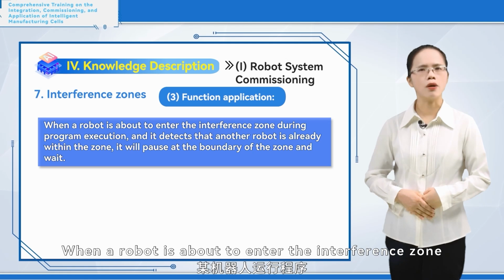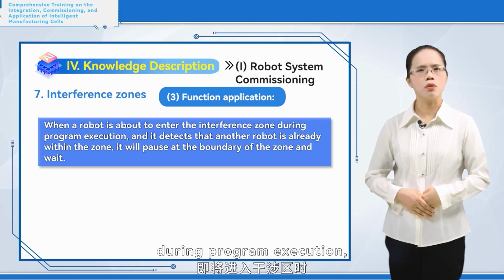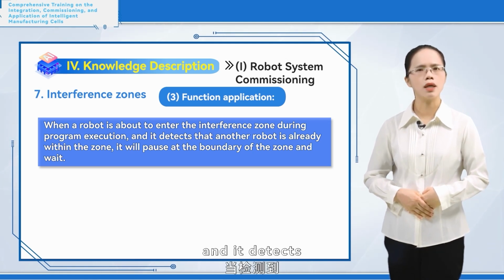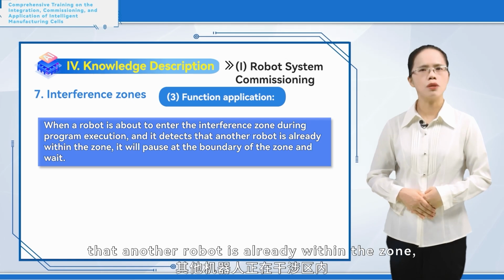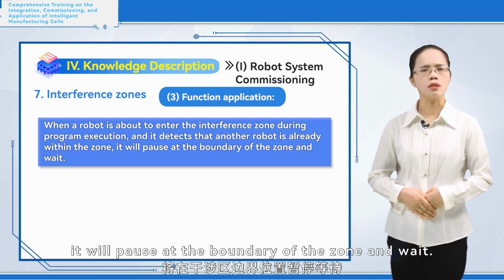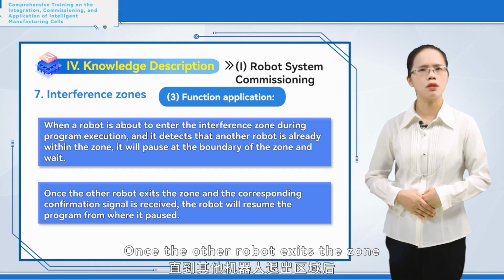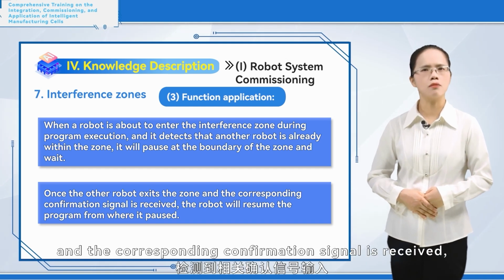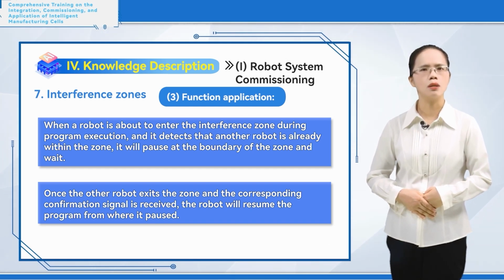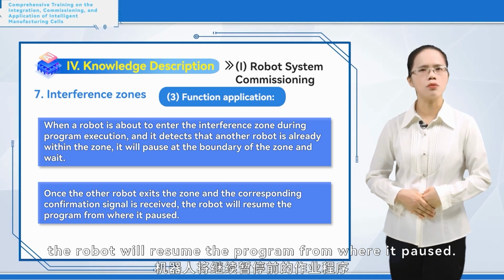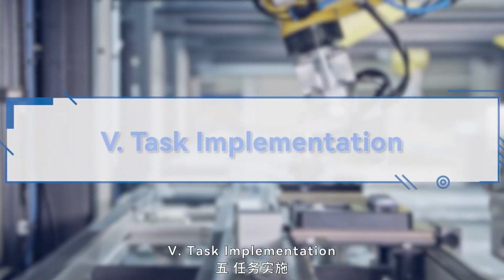When a robot is about to enter the interference zone during program execution, and it detects that another robot is already within the zone, it will pause at the boundary of the zone and wait. Once the other robot exits the zone, and the corresponding confirmation signal is received, the robot will resume the program from where it paused.